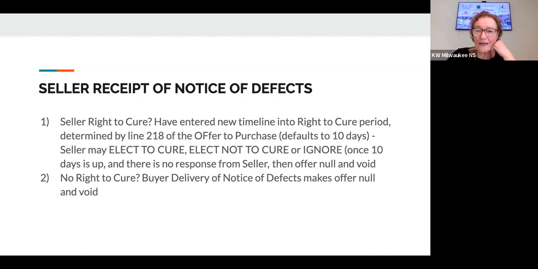I don't want to lose this buyer. But he can't do all of them. Say one of them is significant. And the seller will say, I can fix that, but I can't fix these other defects. What can happen here is the seller can come back with an amendment, even after the notice of defect has been served. And very importantly, the seller has to put in that amendment, notice of defect is hereby removed.